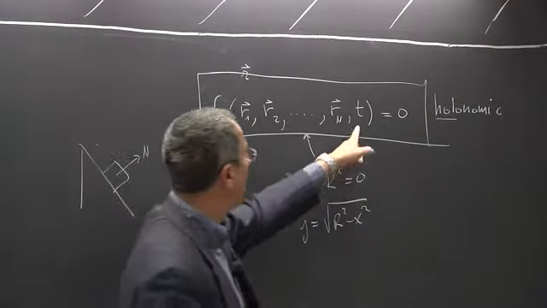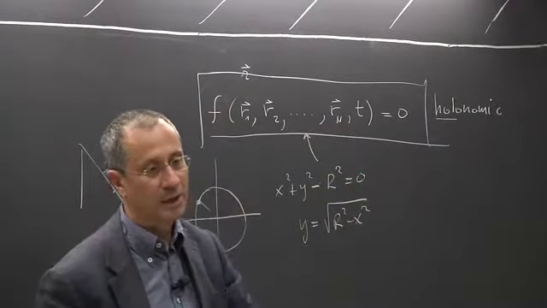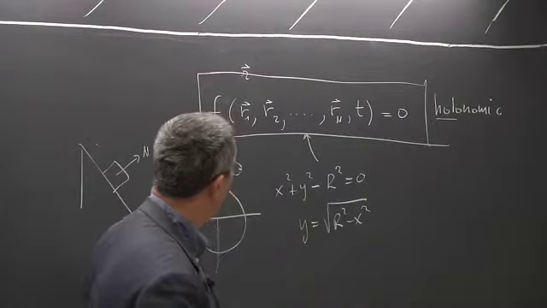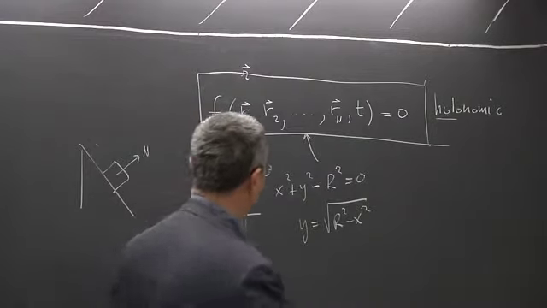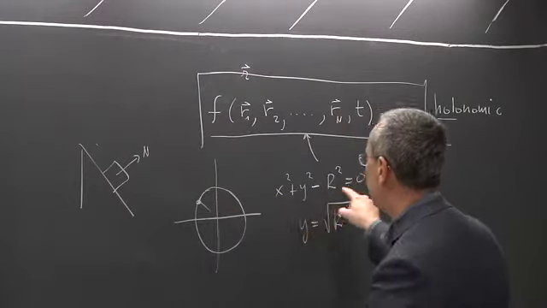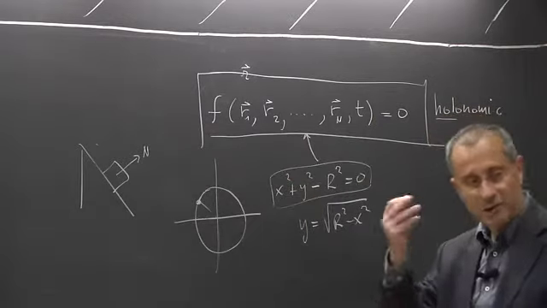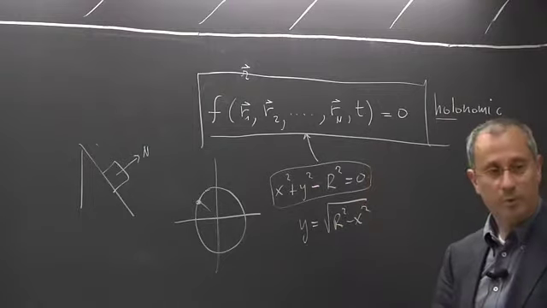The fact that I write it here doesn't mean that it has to appear every time. The whole of that equation is a constraint. My f in this case is this. So it's just a very simple example.